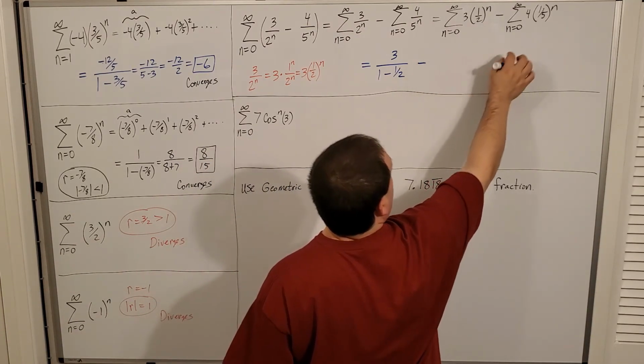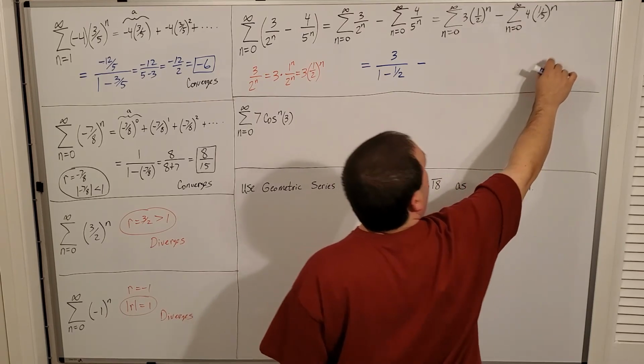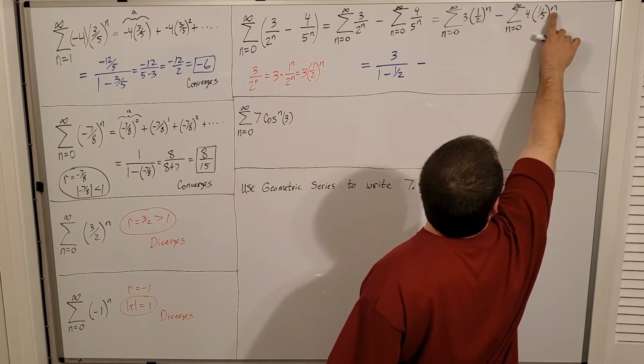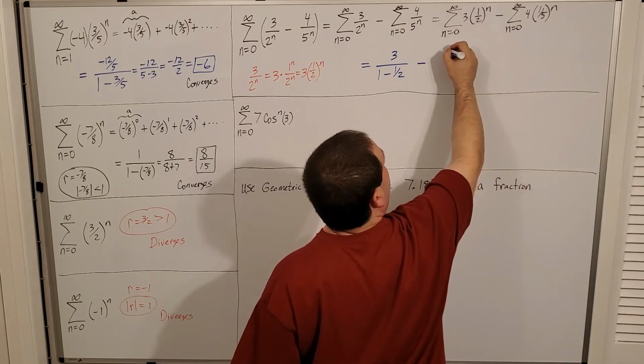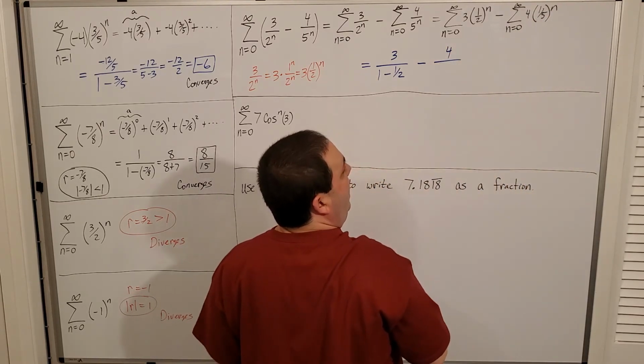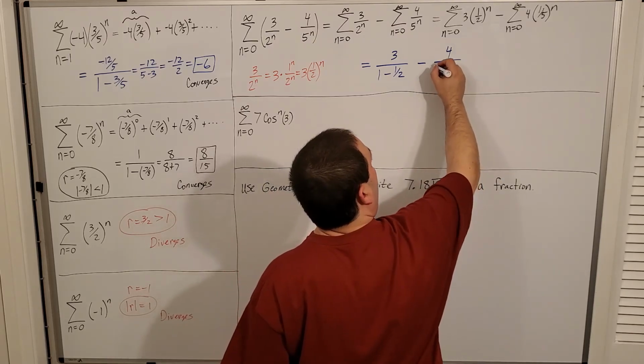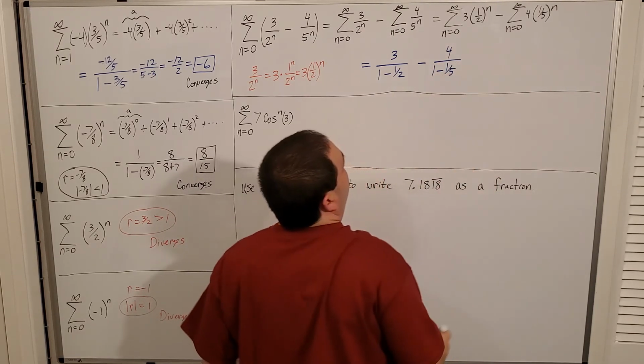Minus, now I'm going to do this one. When n is 0, 1/5 to the 0 is just 1. So I have 4 times 1 as my first term. 4 is my a, over 1 minus 1/5.